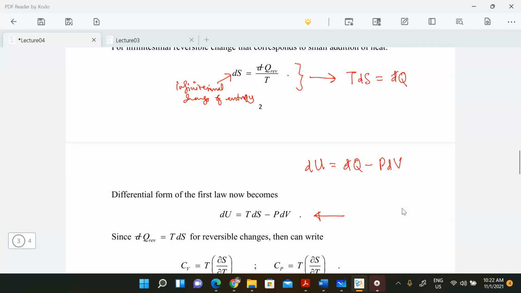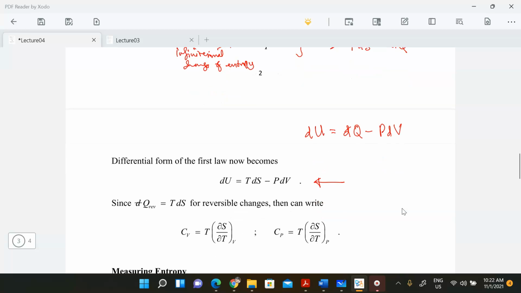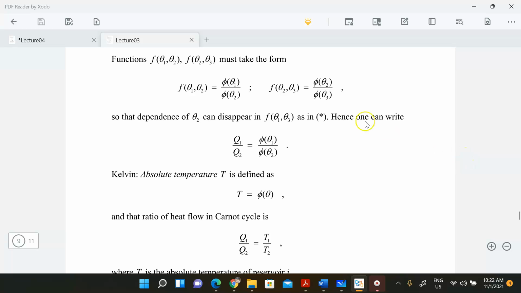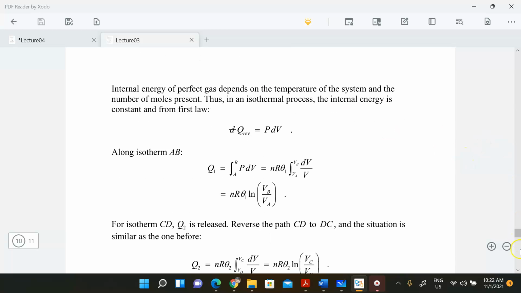Another thing that we had earlier was to think of your heat capacities. Let me see if I can get to that formula. Heat capacities, where do we learn that?